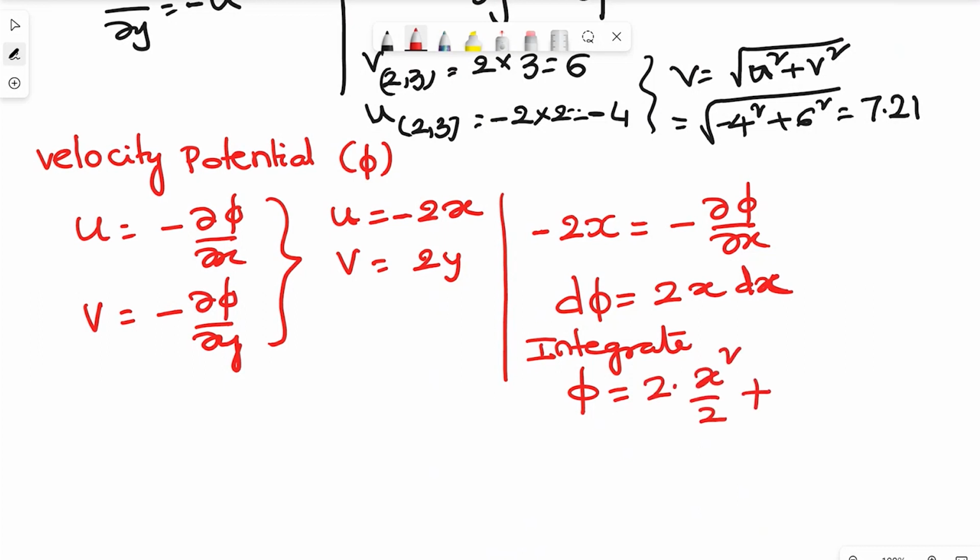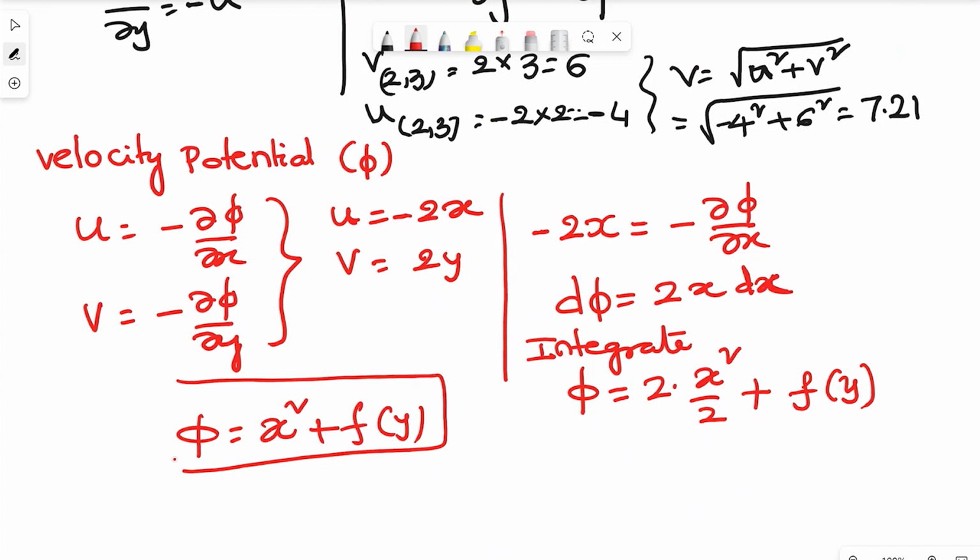What is that constant actually? It is a function of y. So phi is equal to x square plus function of y. This is the first thing.